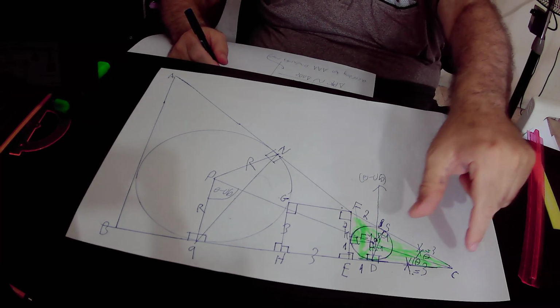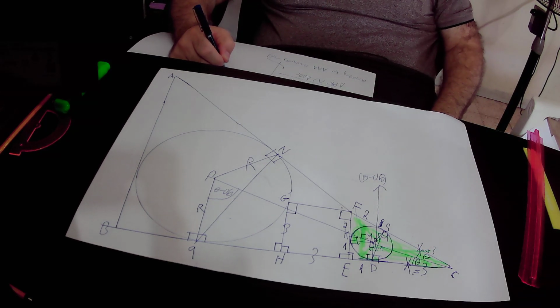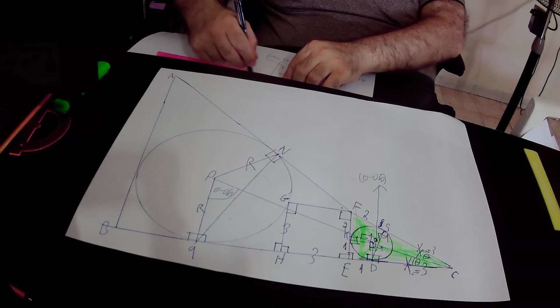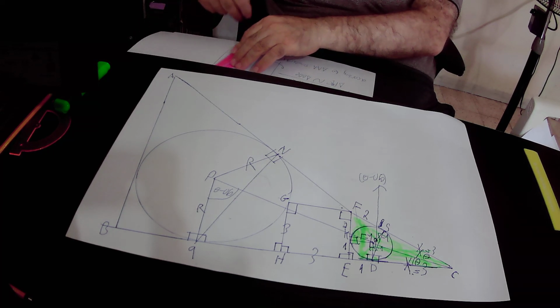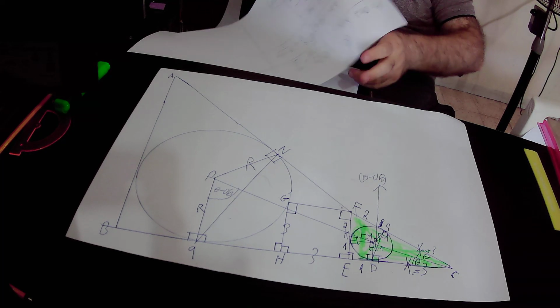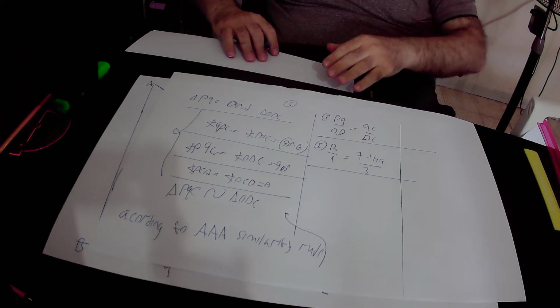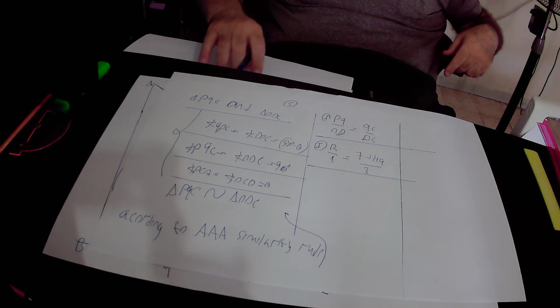Here, DC equals 3 units. So in conclusion, according to equation number 1, R equals 7 plus HQ over 3.